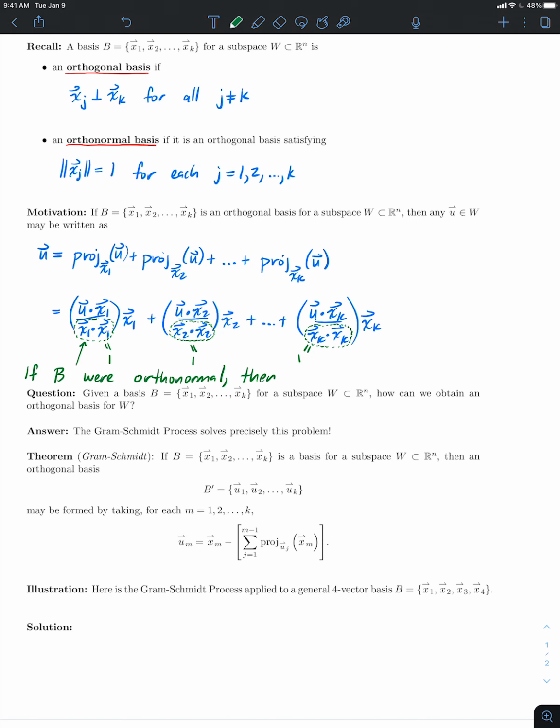So in that case, it'd be really easy to write down: the dot product of u with x1 times x1, the dot product of u with x2 times x2, and keep going until the very last vector in the basis, the dot product of u with xk multiplied by xk.